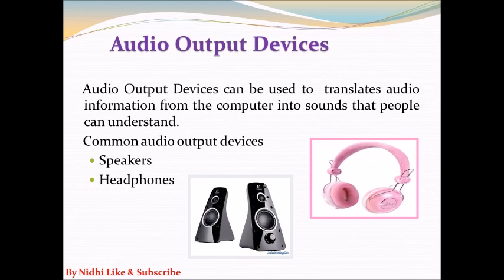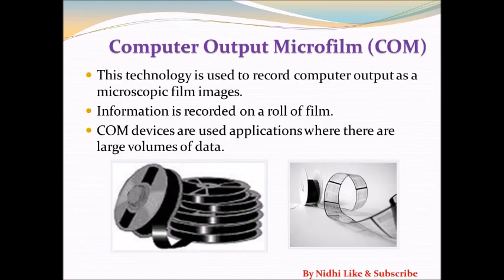Okay. Next output device is COM, that is computer output microfilm. This technology is used to record computer output as microscopic film images, and information is recorded on a roll of film. COM devices are used in applications where there are large volumes of data. And a few combinations of input output devices are the fax machine, which is used as an input as well as output device.